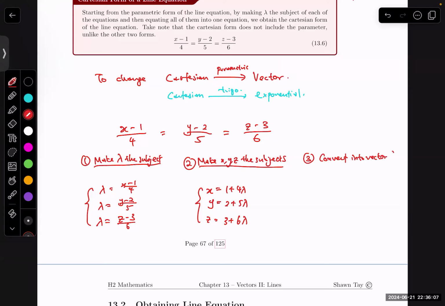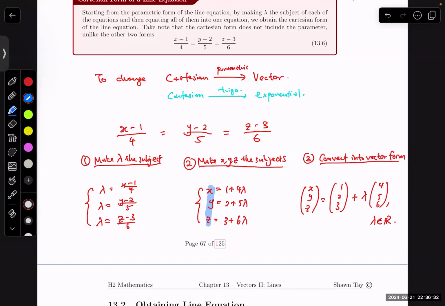What this looks like is vector r, or xyz, equals the vector 1, 2, 3, plus, taking out the lambda, 4, 5, 6. And then of course I need to write down lambda in R. I just take out like this, like this, like this. So these are the 3 steps.